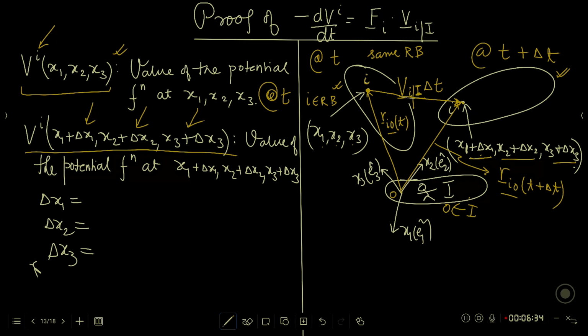Now what is delta x1, delta x2 and delta x3? That is going to be this. This is delta x1, where v small I big I is the velocity of the ith particle with respect to the inertial reference frame, right?